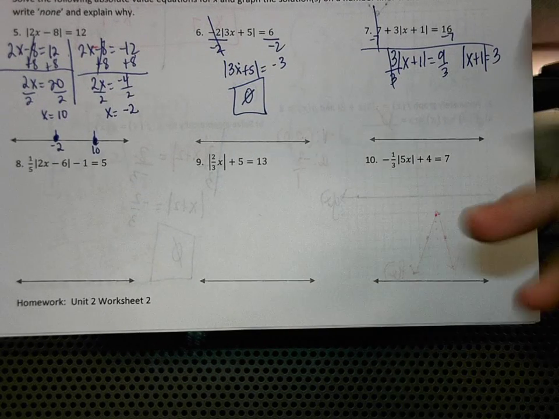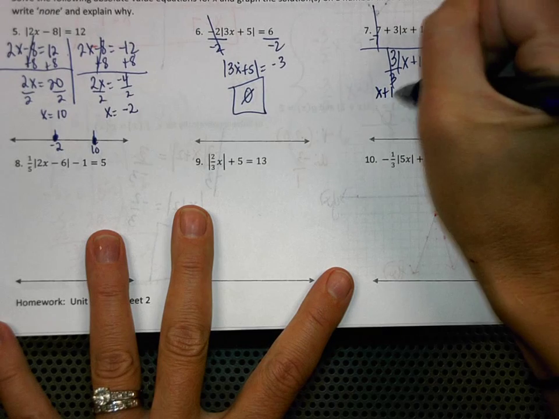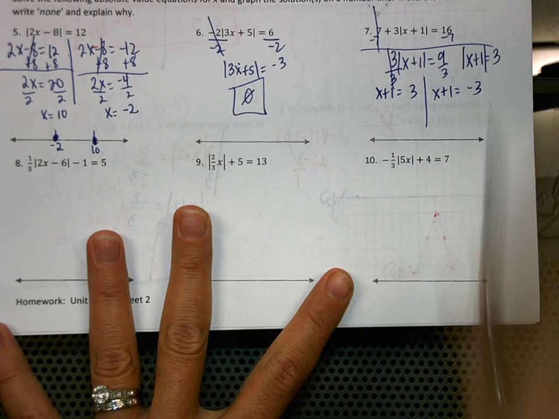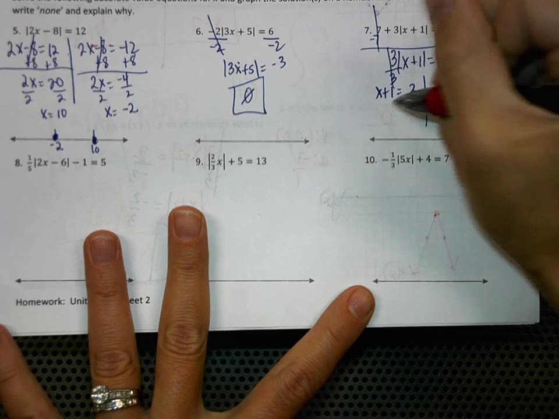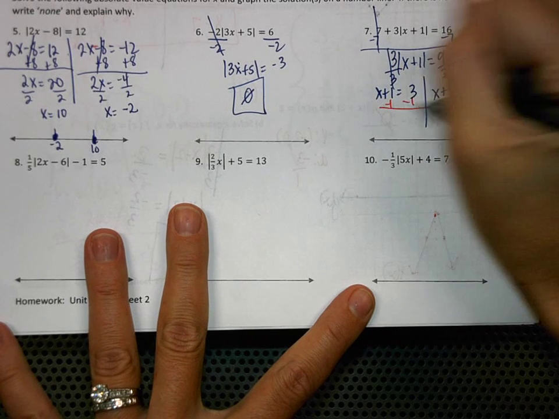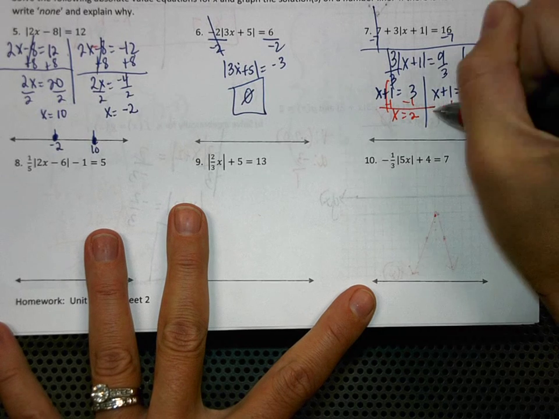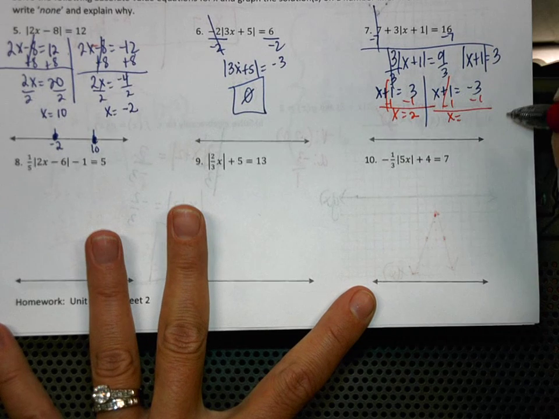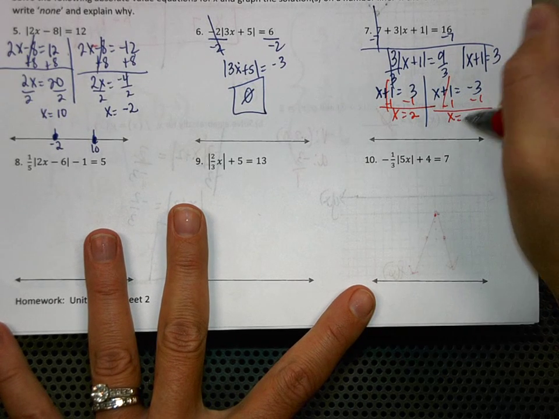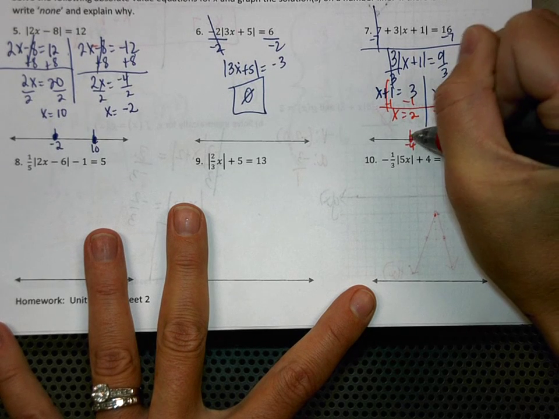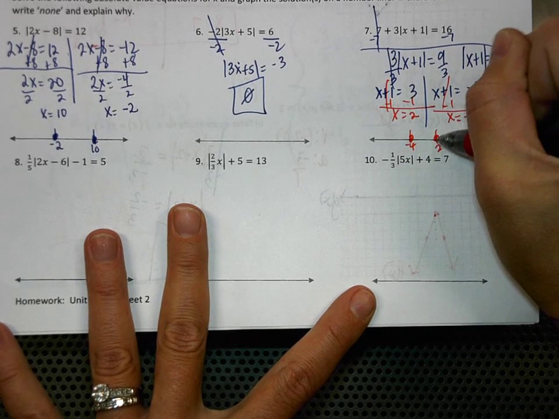Okay, so we have x plus 1 equals 3 and x plus 1 equals negative 3. Subtract 1, x equals 2. Subtract 1 and we get x equals negative 4. So on the graph, we would have a point at negative 4 and a point at positive 2.